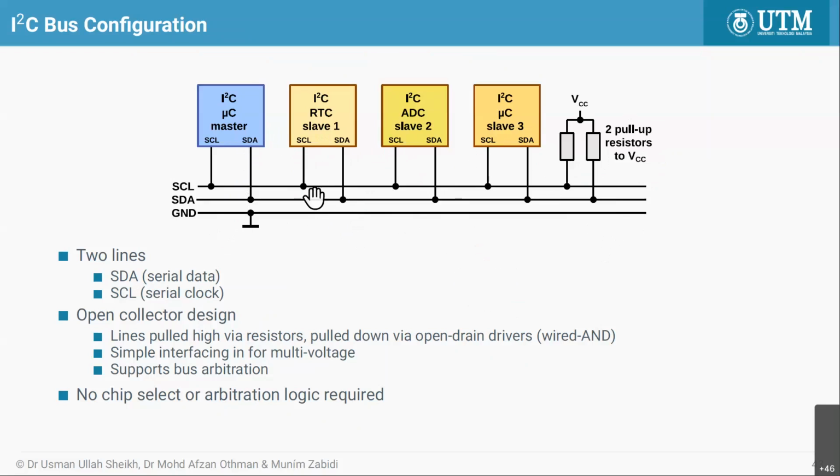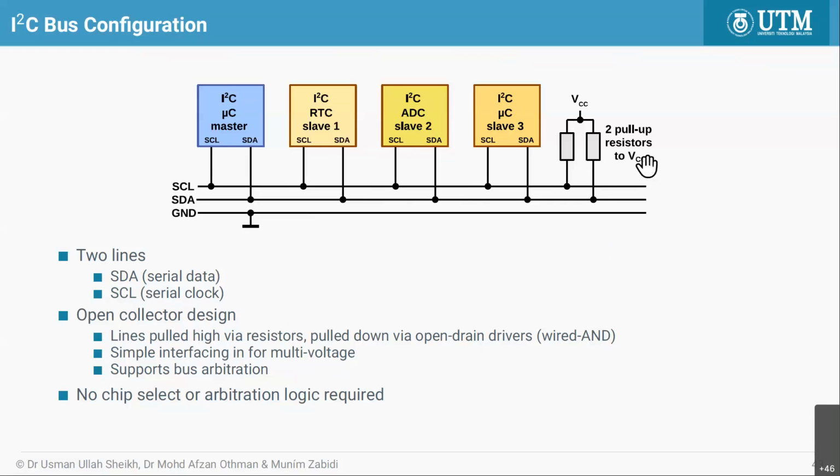Okay, so 2 lines, data line and the clock line, and they are all multi-tap, so all connect to the same pin on the same node. And because of the open collector, again, we need to have a pull-up resistor, and anytime you have pull-up resistor, you're going to slow down everything. But it's the price to pay lah for the ease of connection.